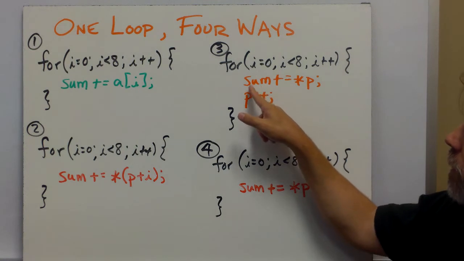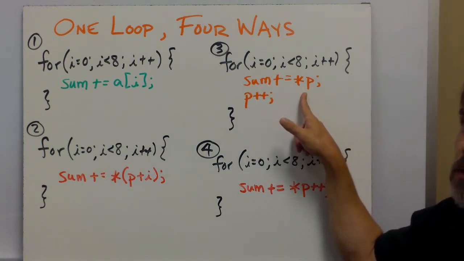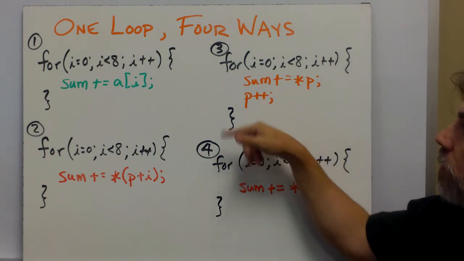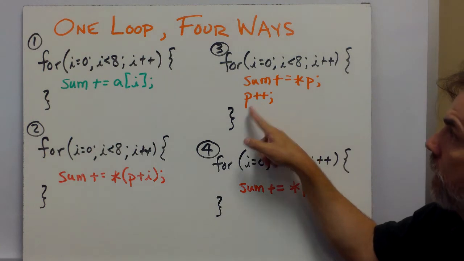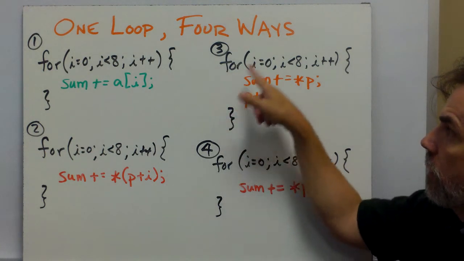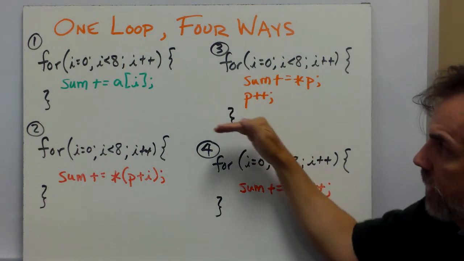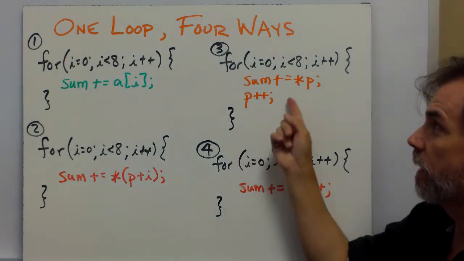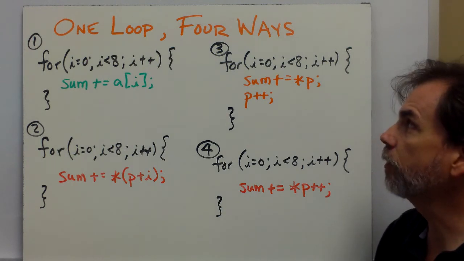So here we're going to add in the value that P points to, and then we're going to move P by adding 1 to it. Then we go back and we do this again, and we do this 8 times. And by the time we've done this 8 times, we've visited each element of the array. This is a very common way to do this loop.